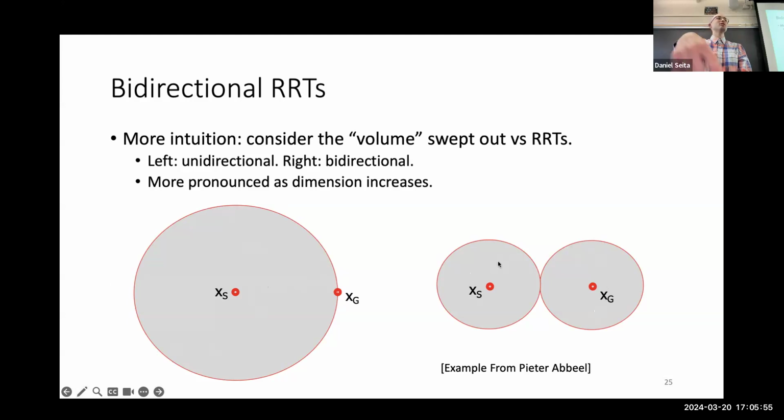Yeah, you can do some geometry here, but it's basically like, the first way will try to grow and it may take more exploration and more tree growth to get a solution versus the second case.